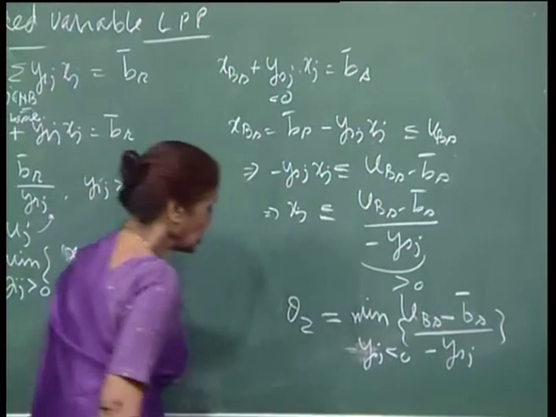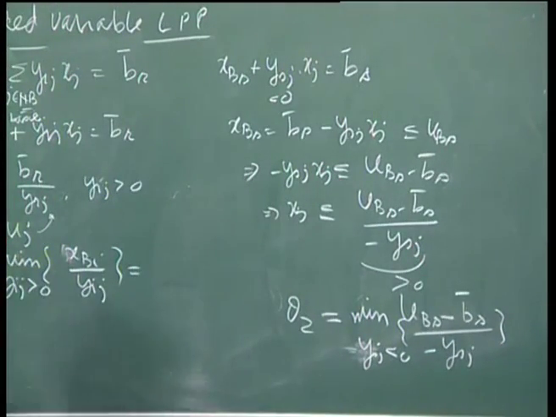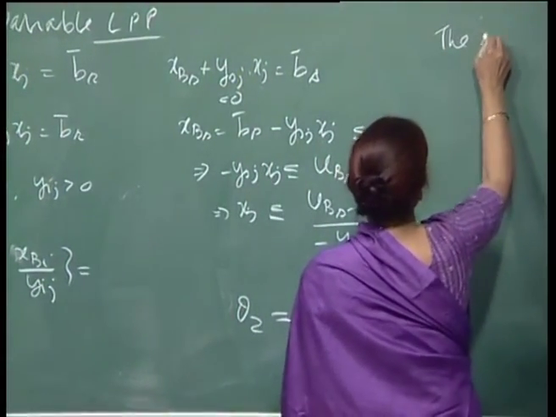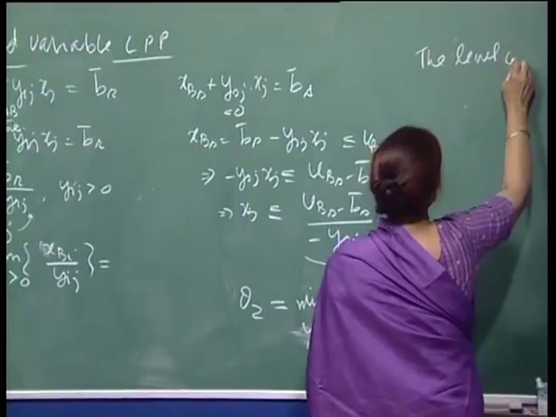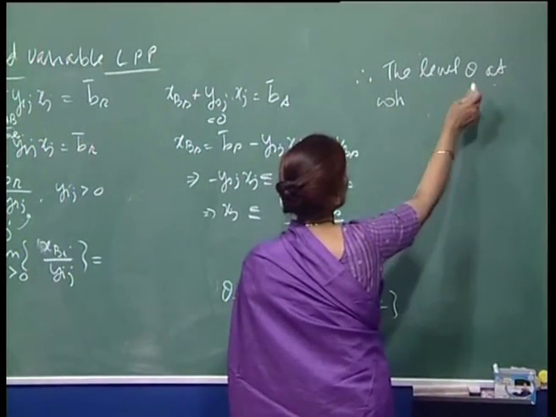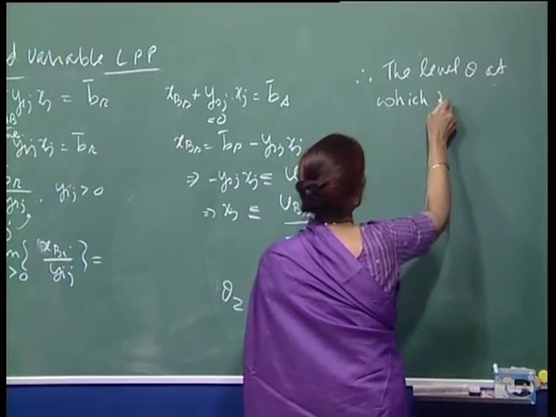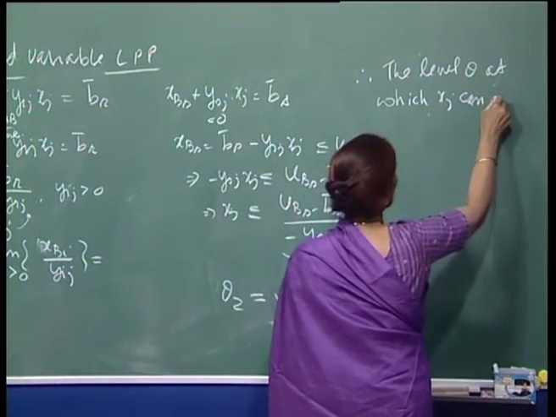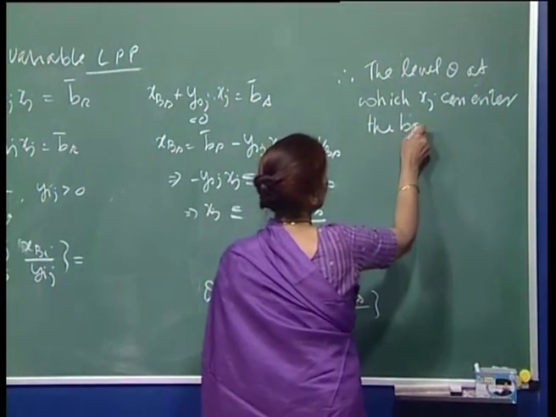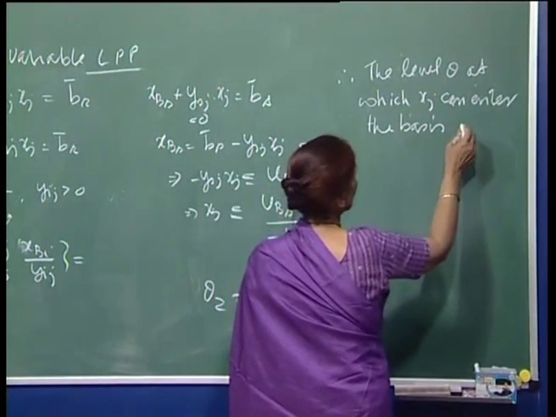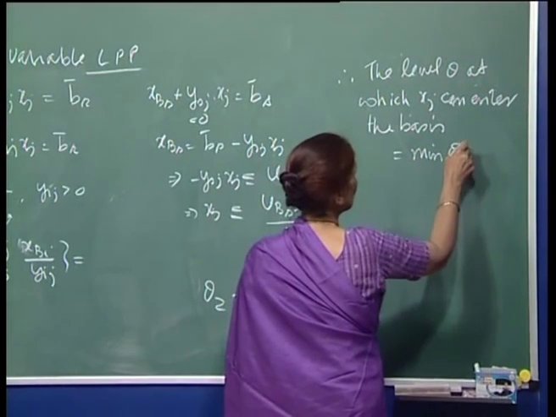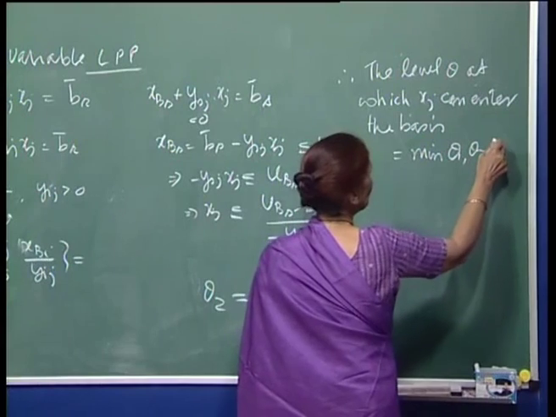You will choose this theta 2, and therefore the level theta at which xj can enter the basis is equal to the minimum of theta 1, theta 2 and uj.